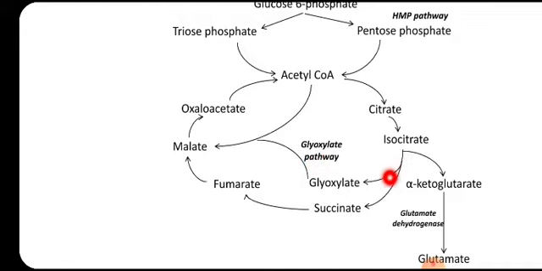Isocitrate is converted to glyoxylate and succinate. Then this succinate gets converted to fumarate, malate, and oxaloacetate is regenerated, and the cycle continues. Glyoxylate combines with acetyl CoA to generate malate. This is how the intermediates required for the synthesis of isocitrate are regenerated through the glyoxylate pathway.